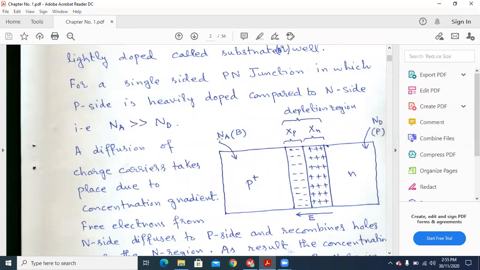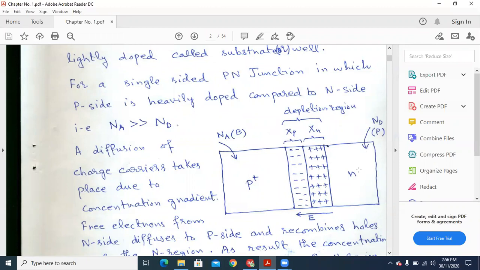On this side, the impurity concentration is Na, which is the p-type impurity, and this is the pentavalent impurity Nd.